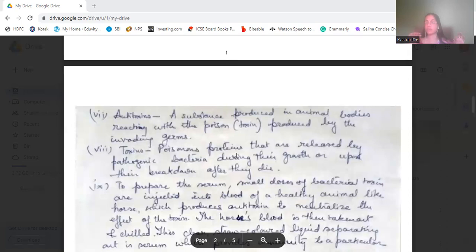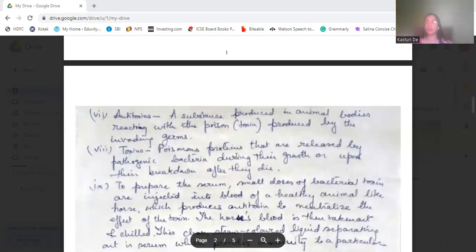We take small doses of the bacterial toxin and inject them into the blood of a healthy animal like a horse, and that horse's blood will produce an antitoxin to neutralize the effect of the toxin.